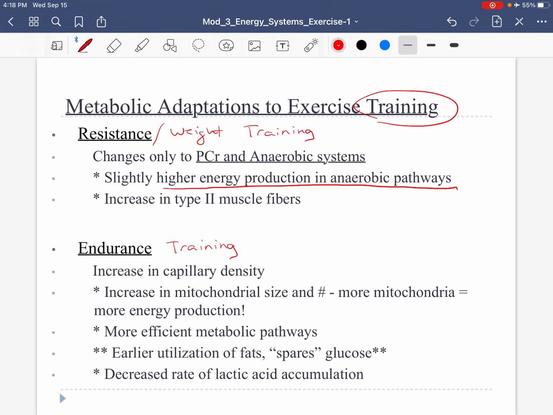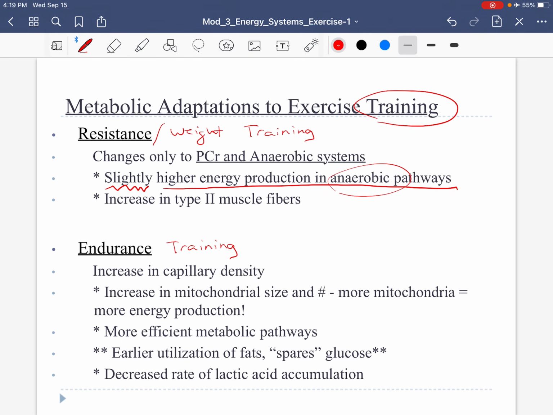Well, not surprisingly, if you weight train, you're going to see more energy production in the anaerobic pathways. That's because weight training is an anaerobic activity. So when we do more anaerobic activity, our anaerobic energy systems get better by a little bit. Might be a second or two longer that we're able to produce from the creatine phosphate.